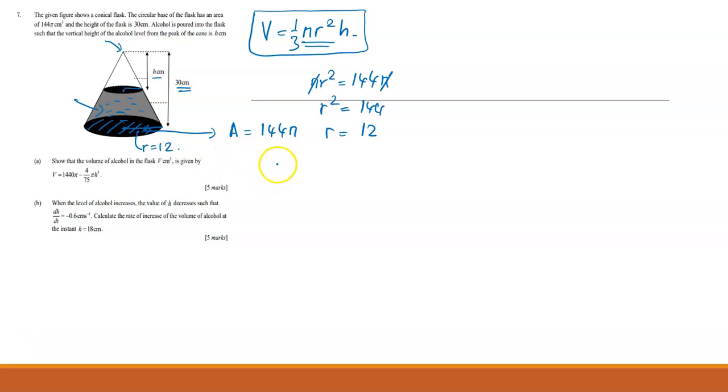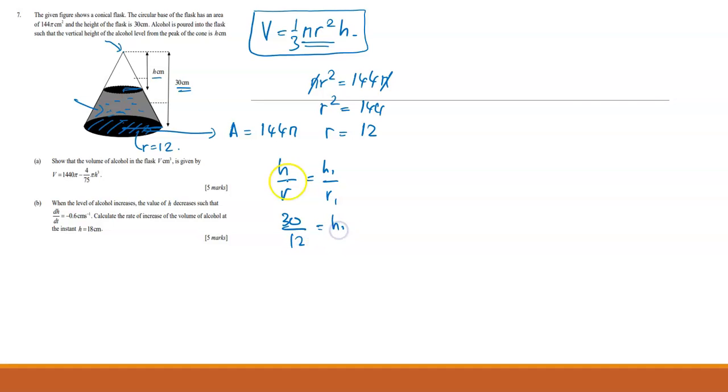The ratio of height to radius: now we're going to look into the height of this, h1 divided by r1. The height of this cone is 30, divided by the radius of the surface, which is 12.